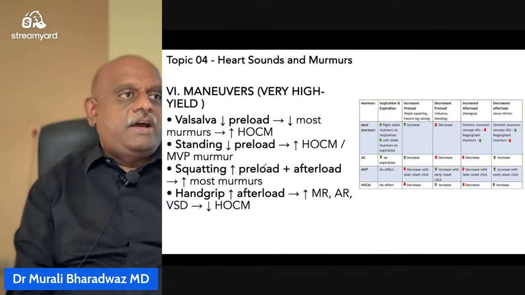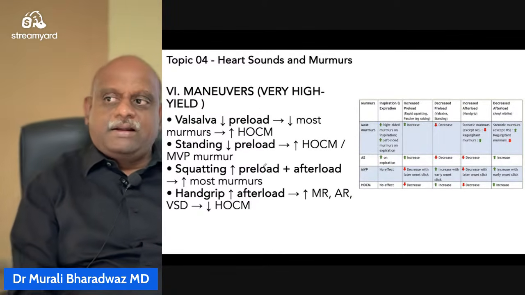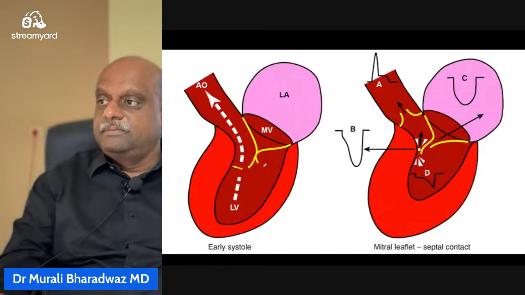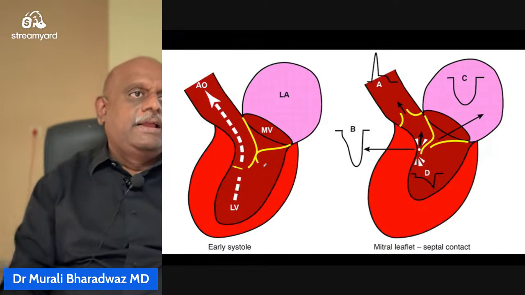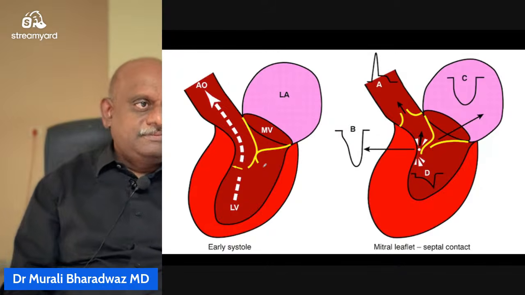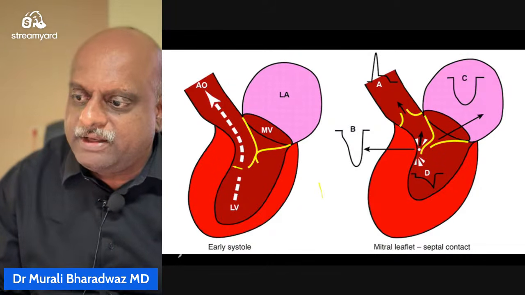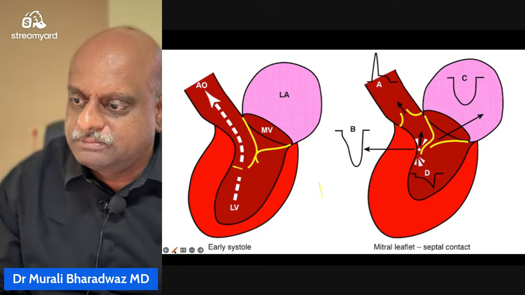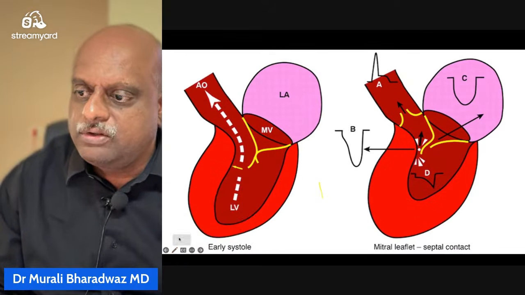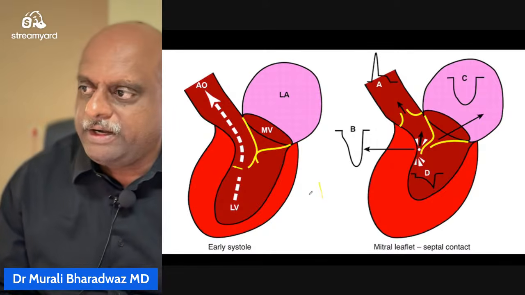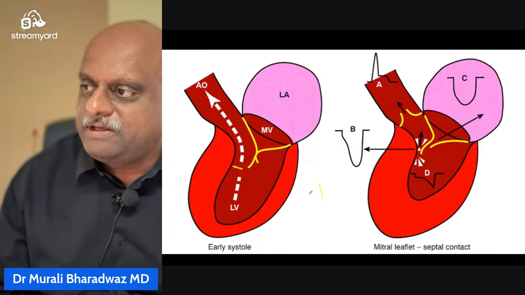This is another very important thing to understand, doctor. Let us understand what HOCM is. Then half the misery of the world is gone. I'm going very slow. This is not my speed, but I'm trying to make your life easy.